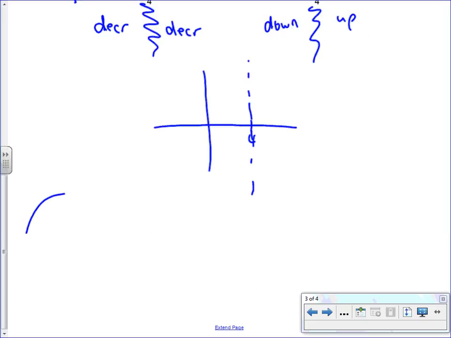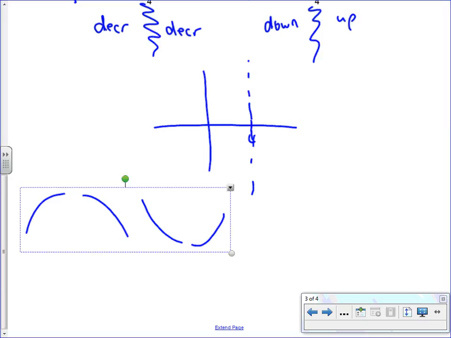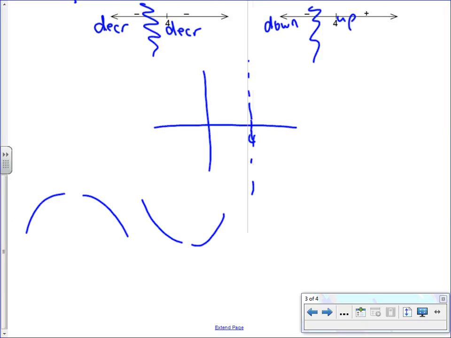There's this, there's this, there's this, there's this. These are both concave down. Okay? Which one of them is decreasing? The first one or the second one? And pick that up right there. And pick that up right there. And move it over here. Yes? Get it? Okay, so I'm going to remind you of one other thing.